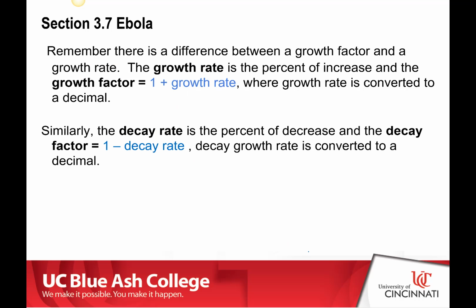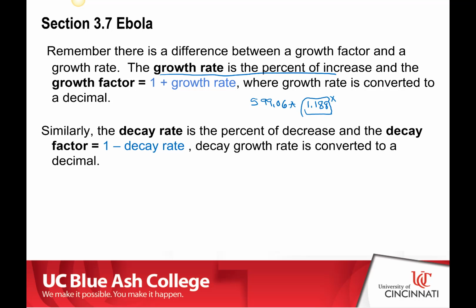Just a quick reminder, there is a difference between a growth factor and a growth rate. The rate is the percent of increase. The factor is, remember the 599.06 times the 1.188 to the x. The factor is the base.